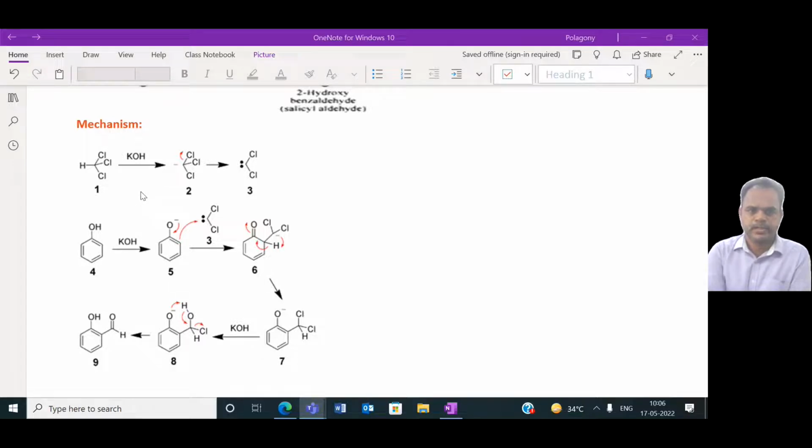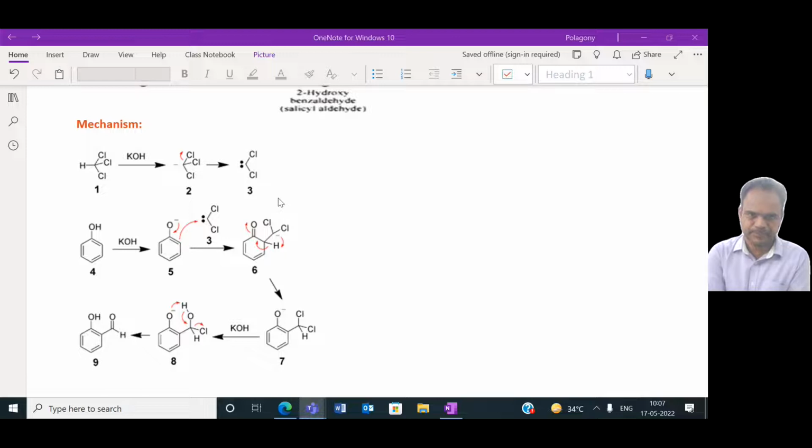The sigma bond electrons convert into a lone pair here. Then we get the carbanion of chloroform, with the carbon holding the negative charge. The negative charge causes elimination of a chloride ion, resulting in the carbene of chloroform.